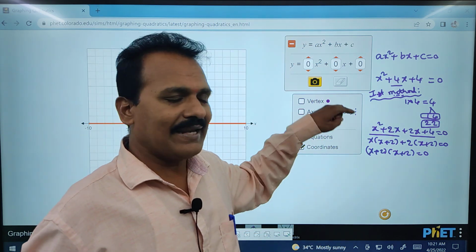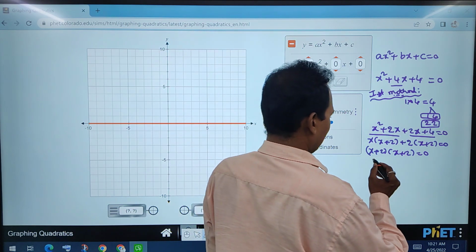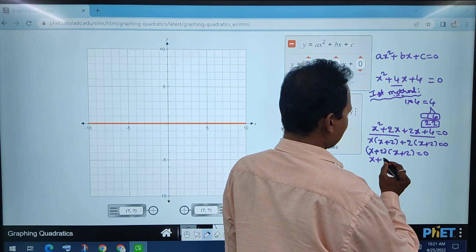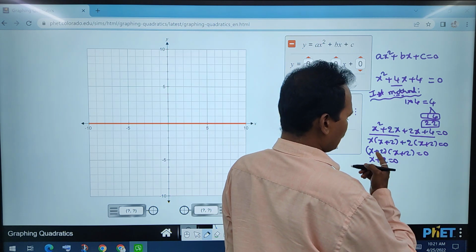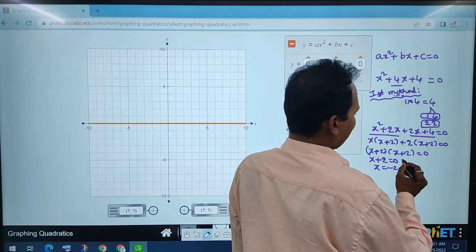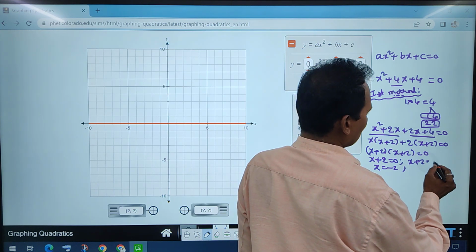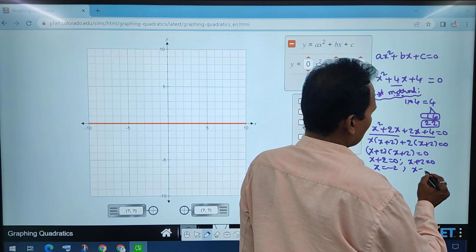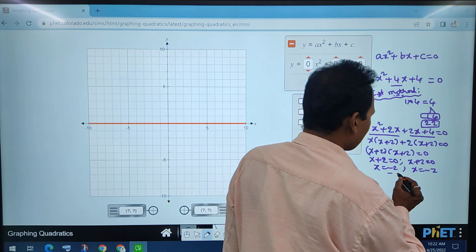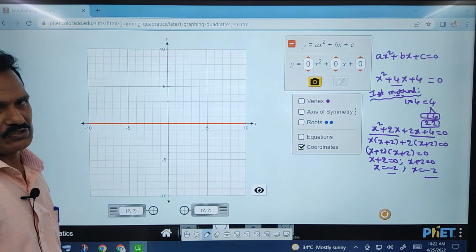From this, either x plus 2 equal to 0 or x plus 2 equal to 0. If x plus 2 equal to 0, the first root is x equal to minus 2. Similarly, for the second one, x equals minus 2. So in both cases you are getting minus 2 and minus 2.